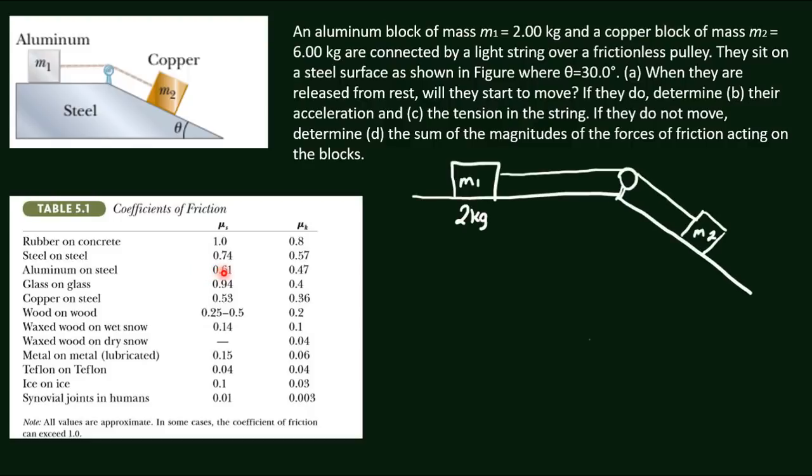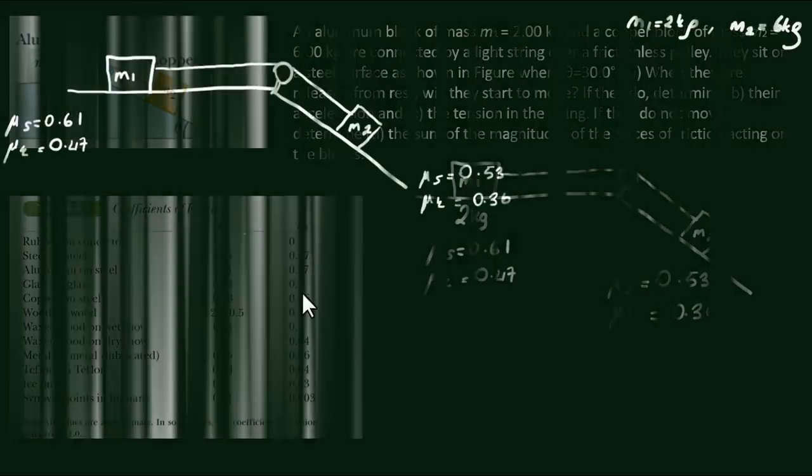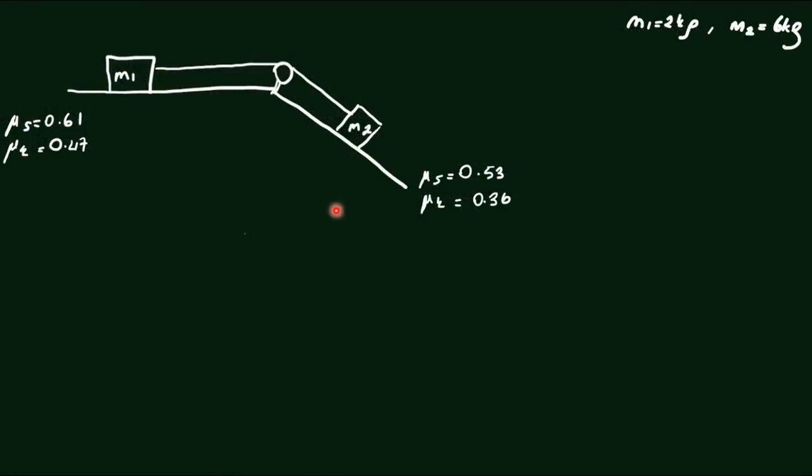So on this surface we have 0.61 for static, 0.47 for kinetic. On the other surface we have 0.53 for static and 0.36 for kinetic. Let's carry this to a clean page.